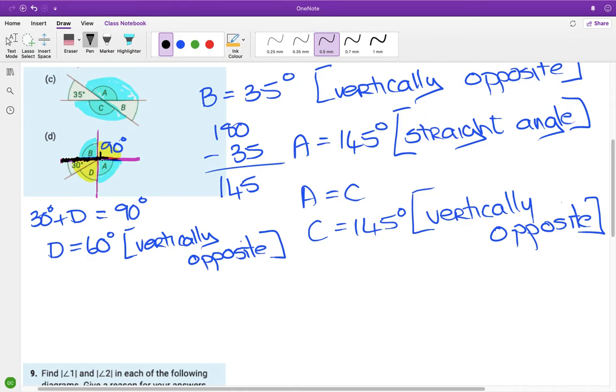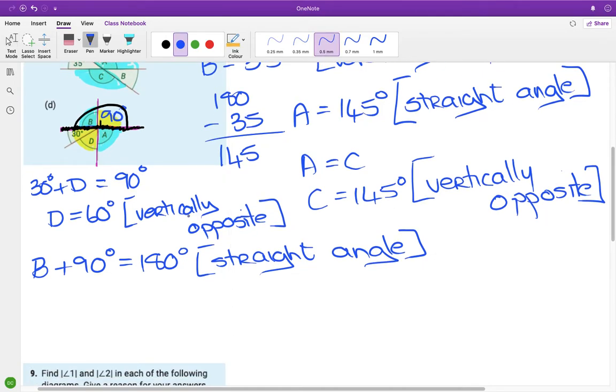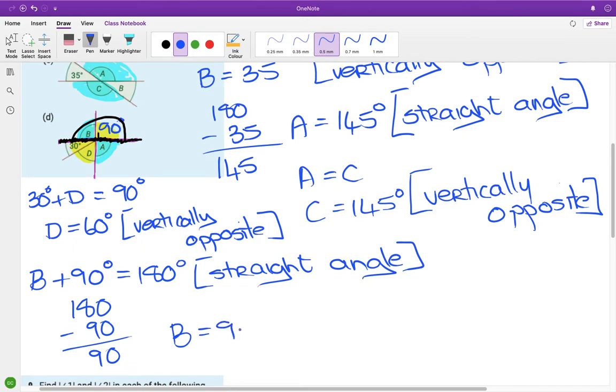All the way along there is a straight line, which means B and 90 have to add up to 180, because they're sitting on a straight line or a straight angle. So if I do 180 minus 90, I get 90. So B is 90.